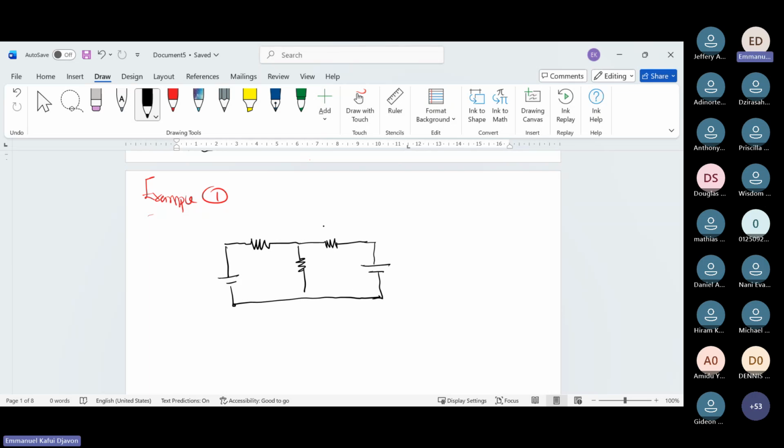I'll say this is 20 ohms. This is 40 ohms. This is 10 ohms.